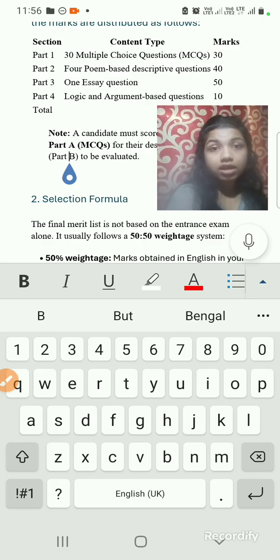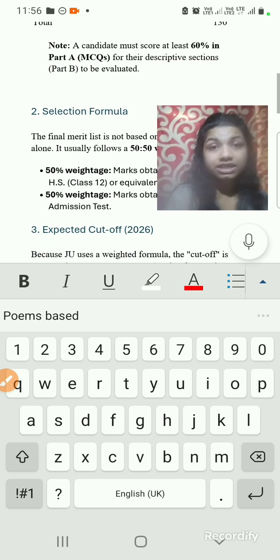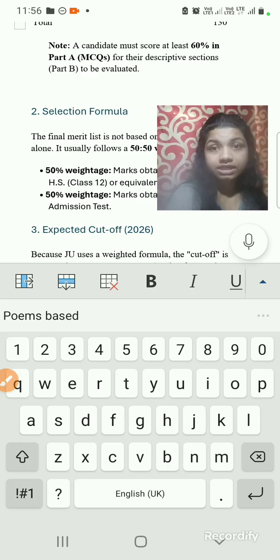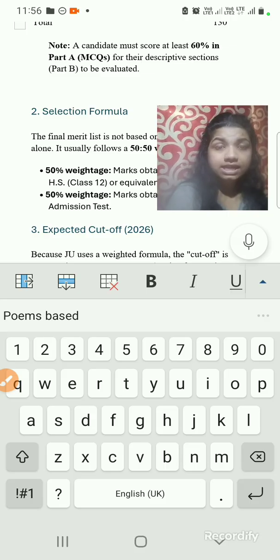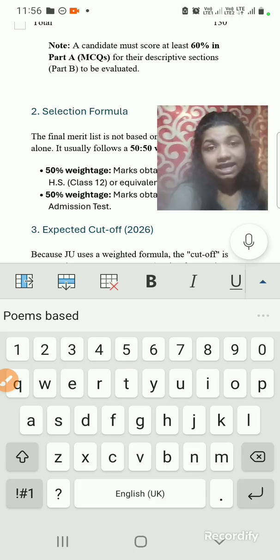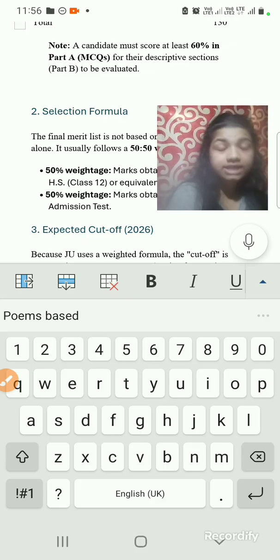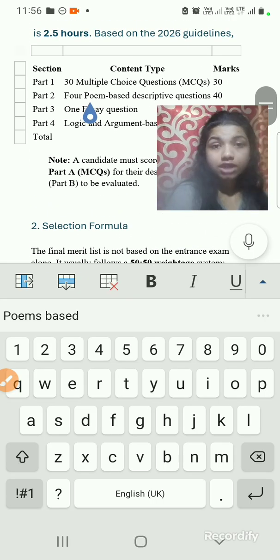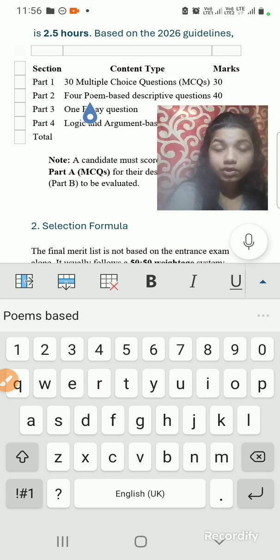Sorry, not 80%, 60%. You have to get 60% in the MCQ section. In another university it was 80%, but here you have to get 60% in that MCQ section.